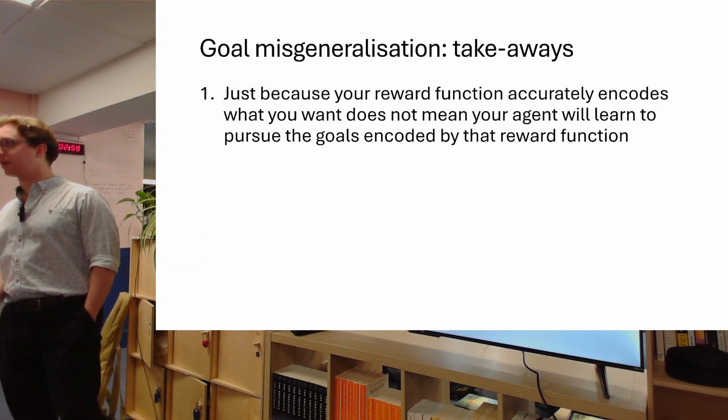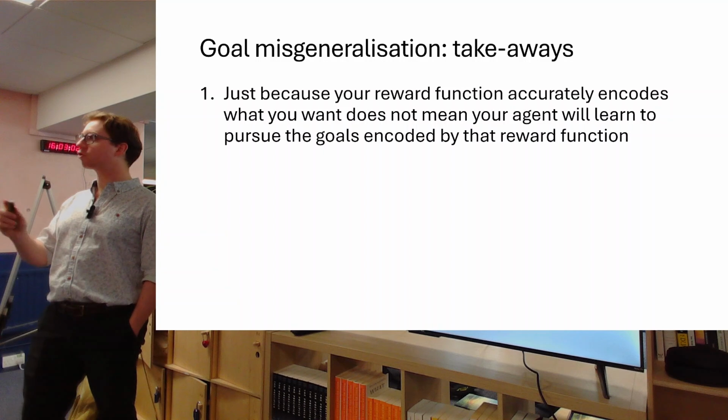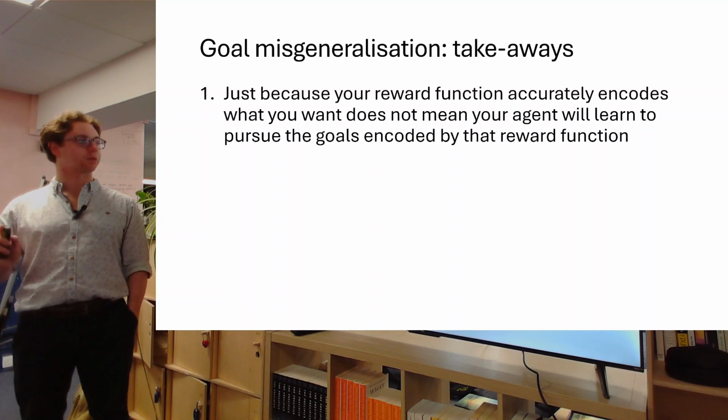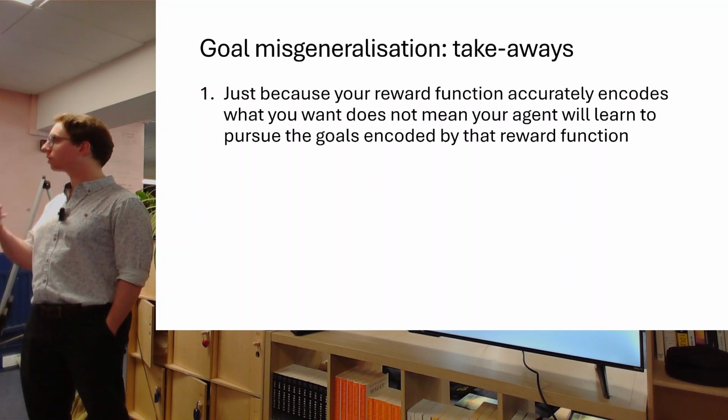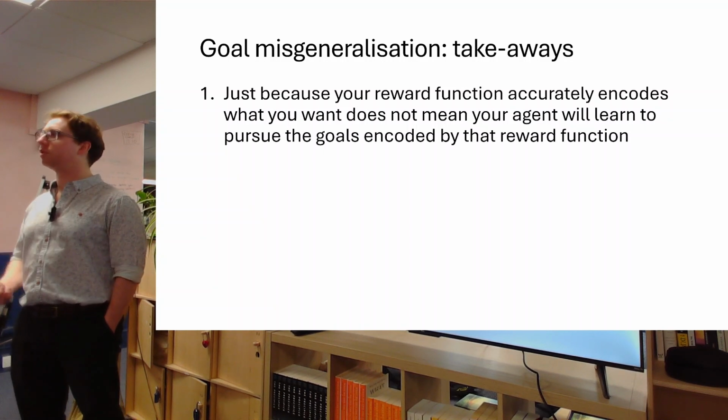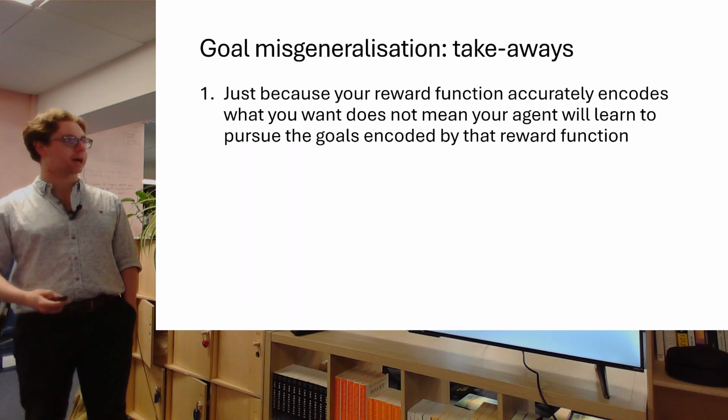These are two different things. You can have an agent which is trained with a perfectly specified reward function, but does very badly at pursuing the goals that you actually wanted when you move to a new environment. This is what matters practically.